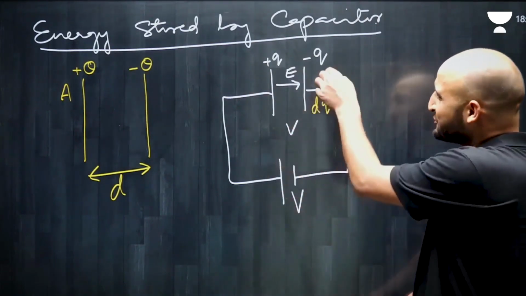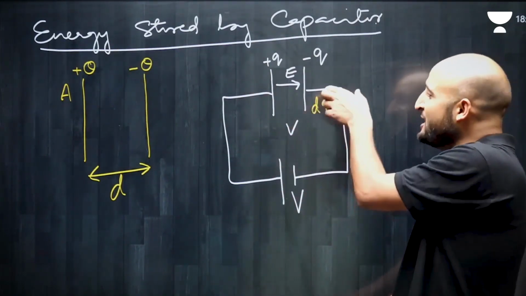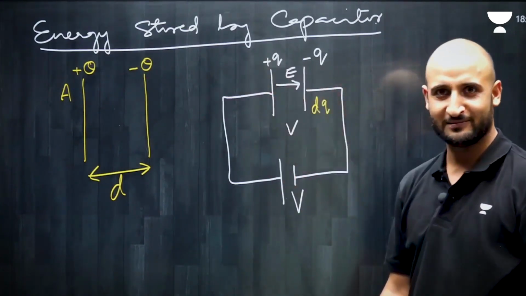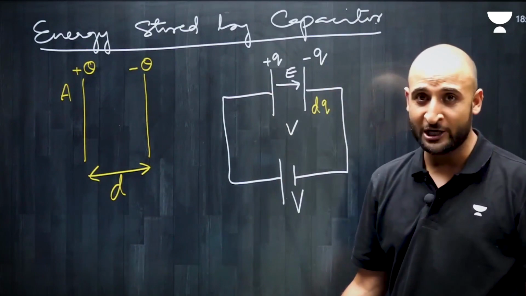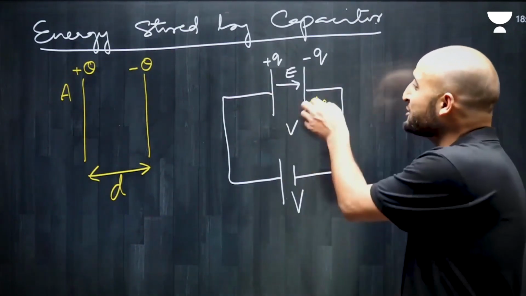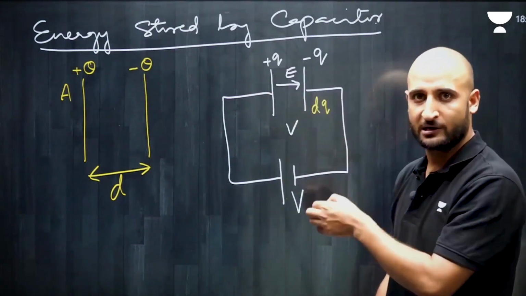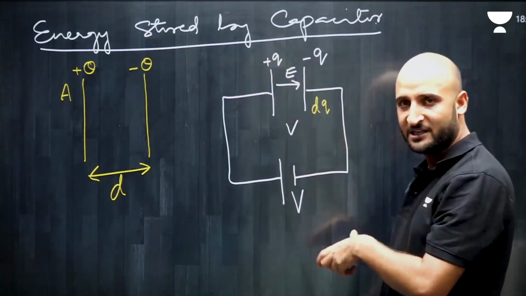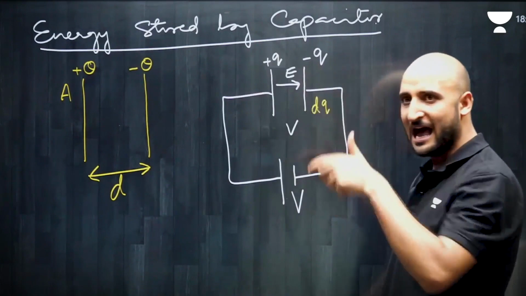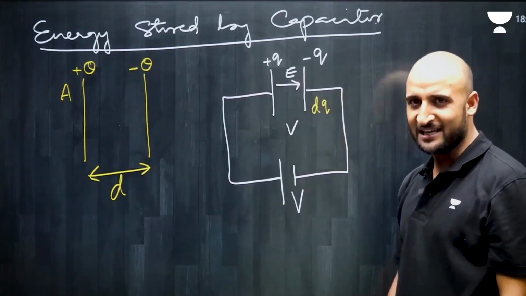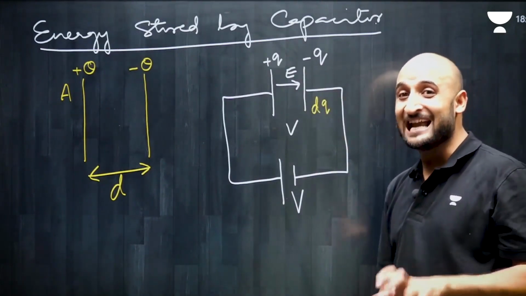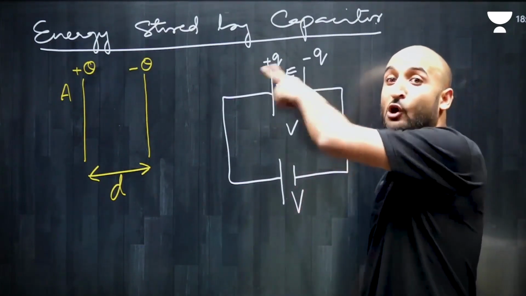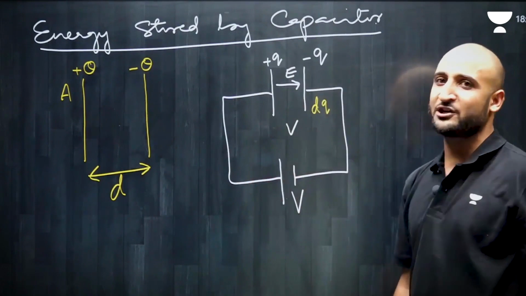So the battery is trying to take dq amount of charge from lower potential to higher potential, and that will not happen on its own. For that, the battery has to do some amount of work to take dq charge from the negative plate to the positive plate, from lower potential to higher potential, right? Otherwise, the charge has a tendency to go from higher to lower, but the battery is taking it from lower to higher. So for that, the battery has to do the work.